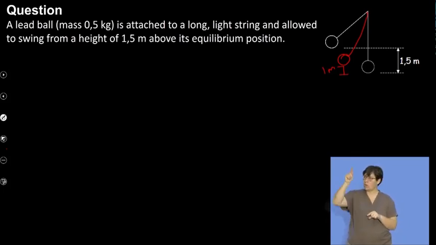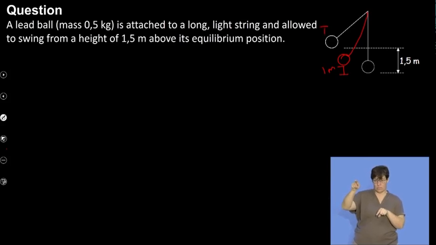So this was the top, this was the bottom, and I'm going to call this position A. I'm going to use conservation of mechanical energy. I don't want to use the velocity I found at the bottom, because what if it was wrong? But I can use the same thing as I just did.